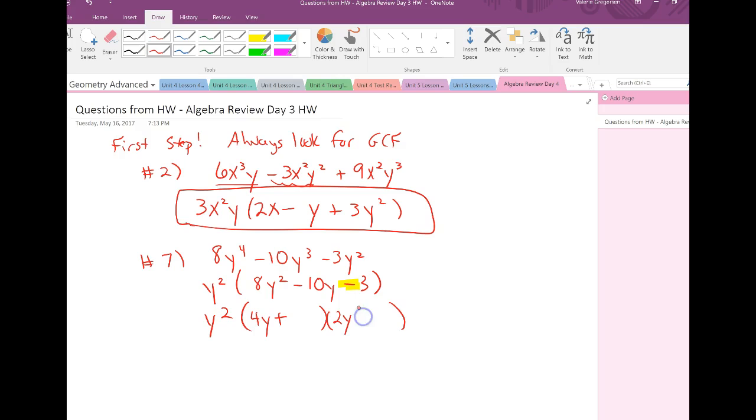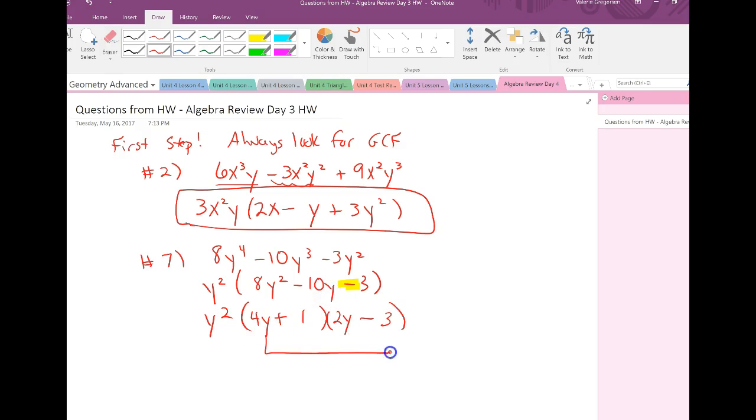Then you are going to say, what factors of 3 do I have? Well, factors of 3 are 3 and 1. So you can try 3 here and 1 here, or remember, you can try it the other way around, 1 and 3. Now the reason why I picked the second way around, 1 and 3, is because I'm looking at my middle term here, negative 10, and I know my OI affects it, so you have to remember to use the whole thing.